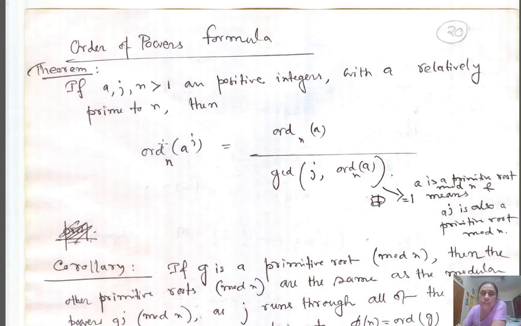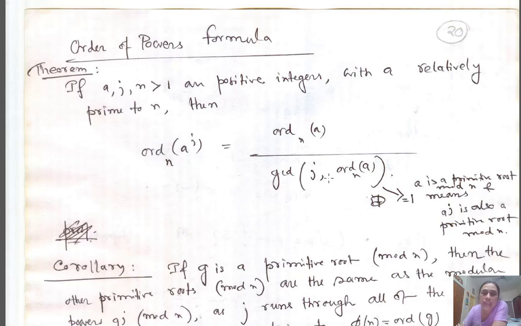If you know one generator A, then the other generators are given by A to the power J such that J and phi n are co-prime. Their GCD is 1. So we have already mentioned this result, and it actually comes from this general formula.